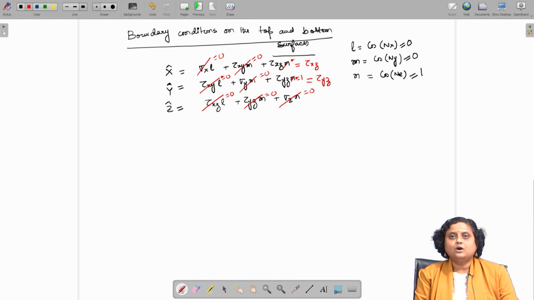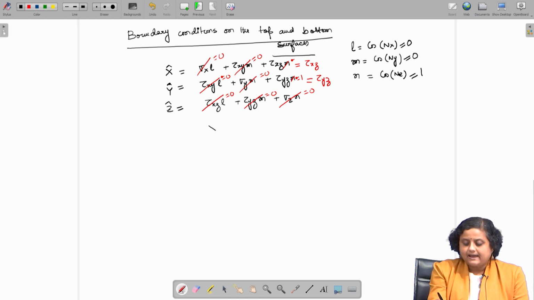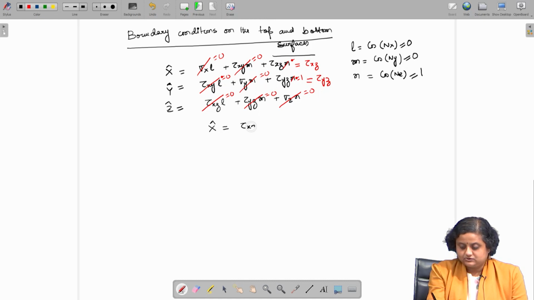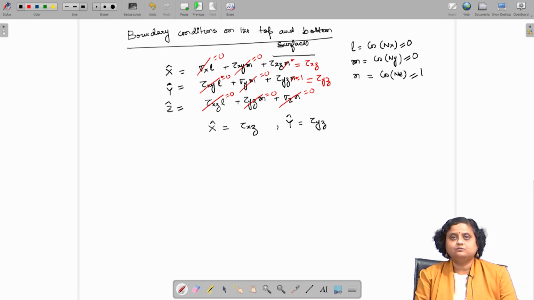Now, similar to a circular cross section shaft, we see that the top and bottom surfaces satisfy the boundary condition, except that x hat needs to be of the form of tau xz and y hat needs to be in the form of tau yz. In case of a shaft with circular cross section, this was very easy to implement from a practical point of view, because they would cancel out at the opposite point.